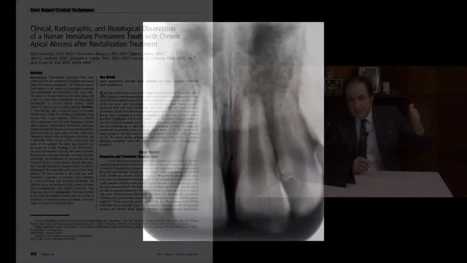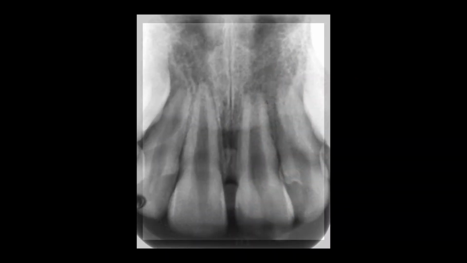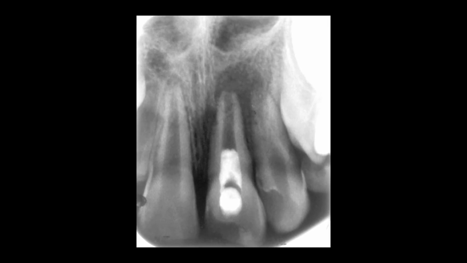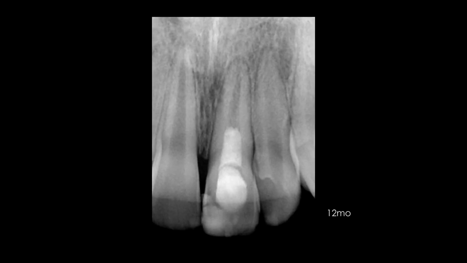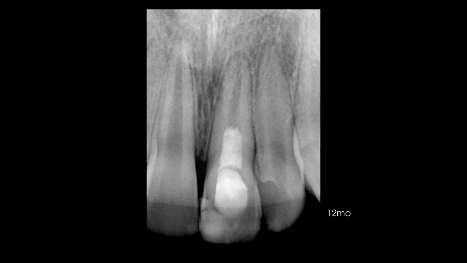And they observed in time the disappearing of the periapical lesion and maturation of the root with some thickening of the dentin wall. Well, clinically this happened. Why not? And they interpreted this clinical observation as regeneration of the dentin pulp complex.